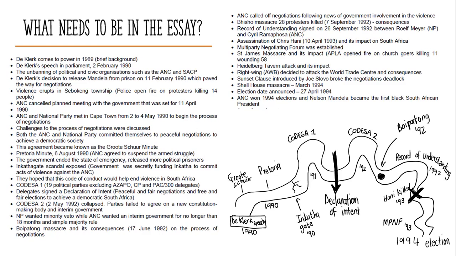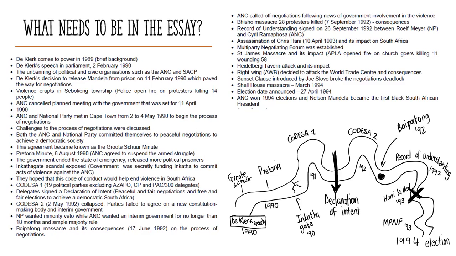You have to work through it in a way that is fair and a way that everybody can have a say and have a voice. So at CODESA 1, the delegates sign a declaration of intent, where they all make basically a promise to have peaceful and fair negotiations and free and fair elections to achieve a democratic South Africa.